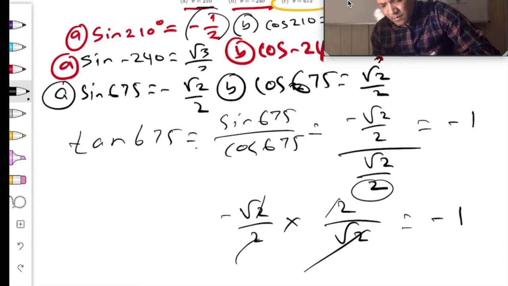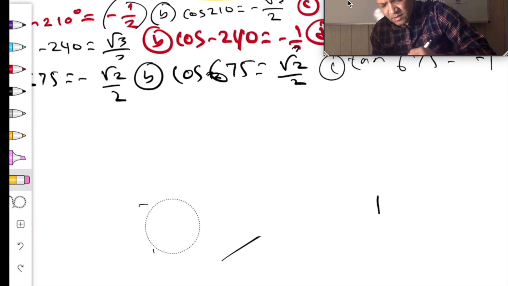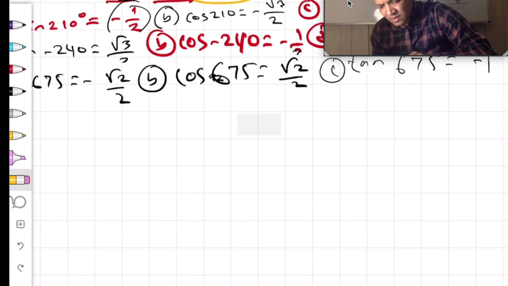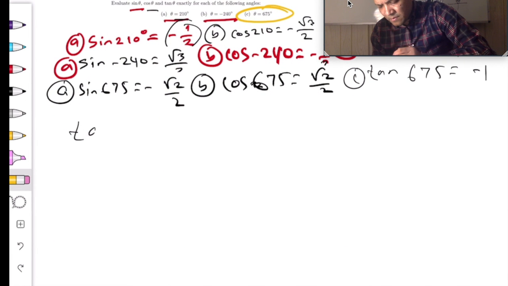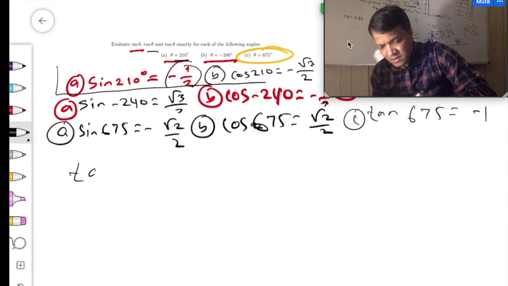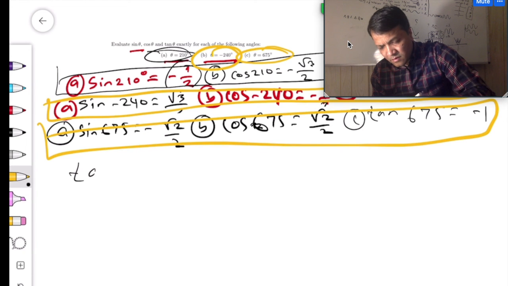So c, tangent 675, is equal to negative 1, and this is the answer for this one.